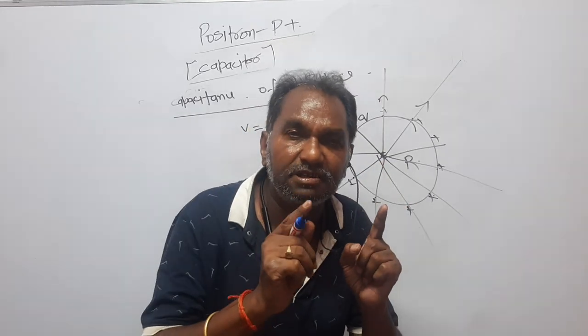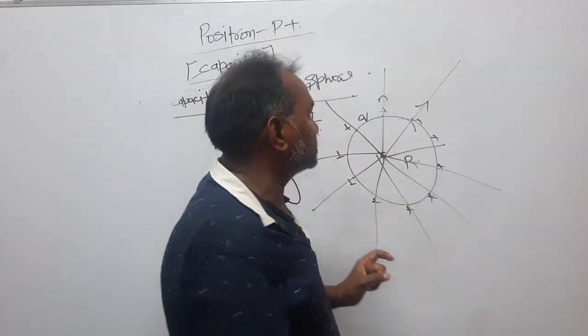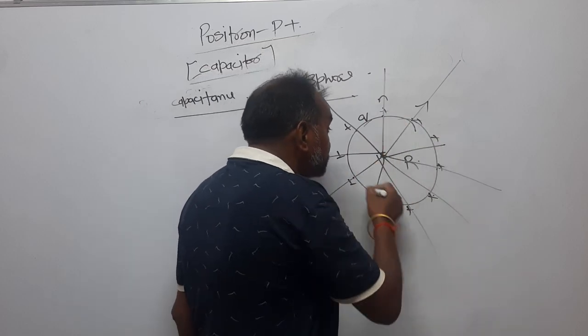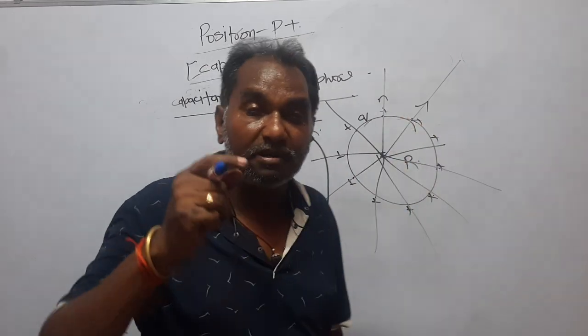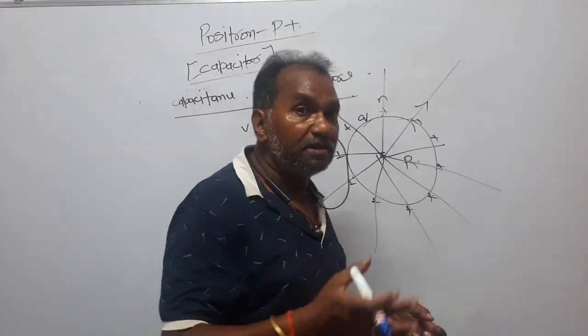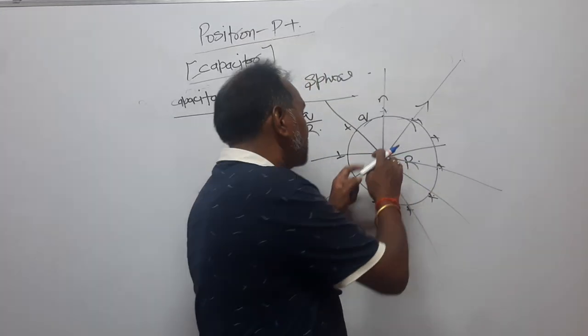All these field lines appear to come out from the center. That is why the behavior of the charge distributed on the surface of the sphere appears to be as if kept at the center.